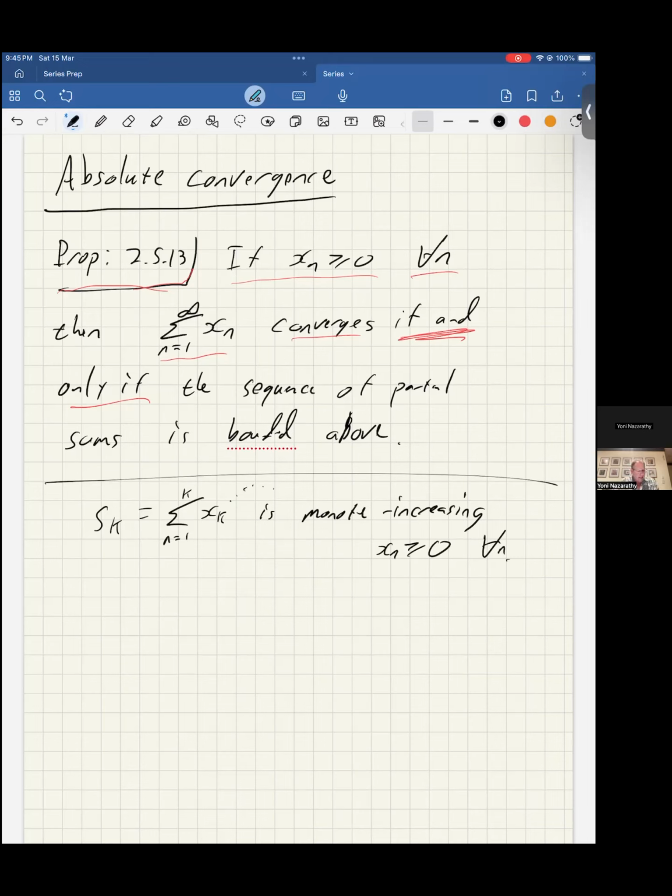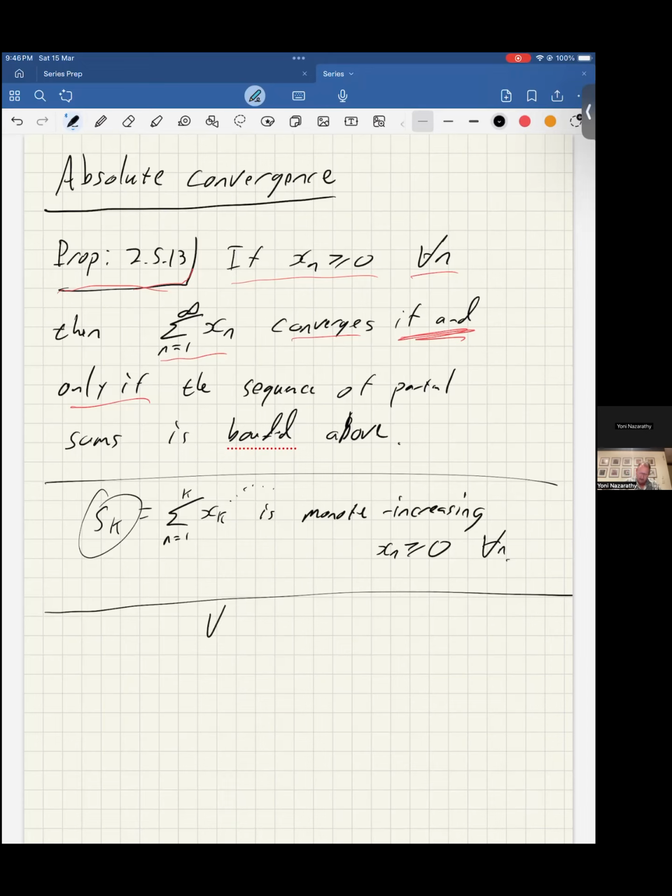And in such a case, we've already proven with the monotone convergence theorem that for monotone sequences, bounded is equivalent to convergence, and indeed the supremum of the set of partial sums, which we get for every k, is going to be the sum of the series.